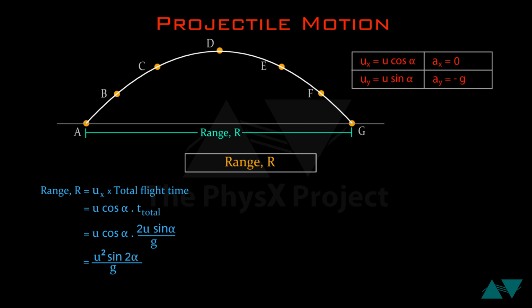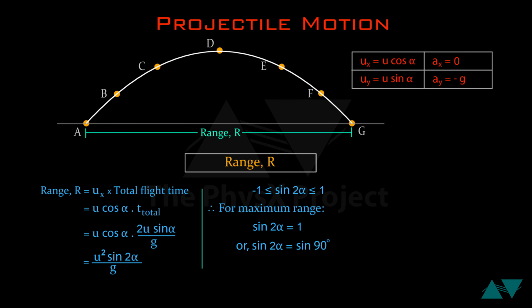We also know from trigonometry that the value of sine of any angle is in the range of -1 and +1, where +1 is the maximum possible value. So for maximum range, sine 2 alpha should be equal to 1. If we consider u to be constant for every launch from the same location, we can replace 1 with sine 90 degrees.